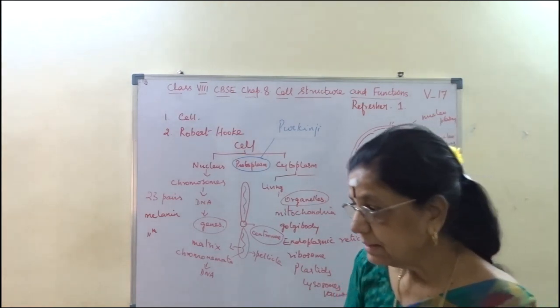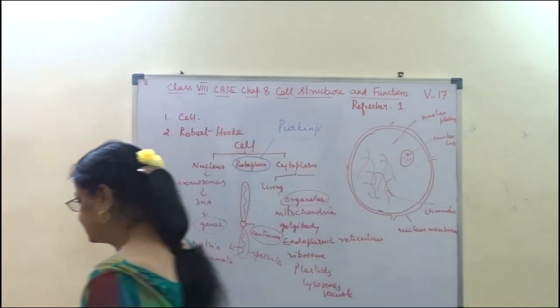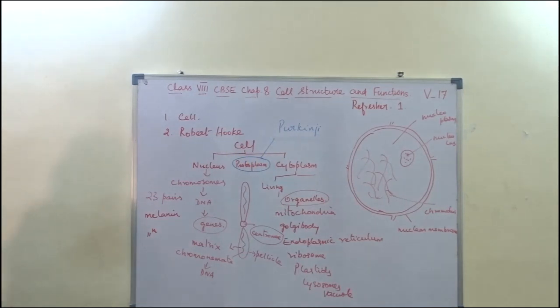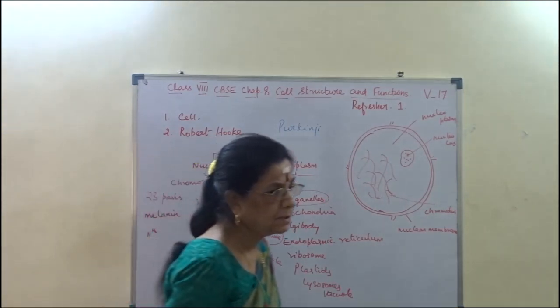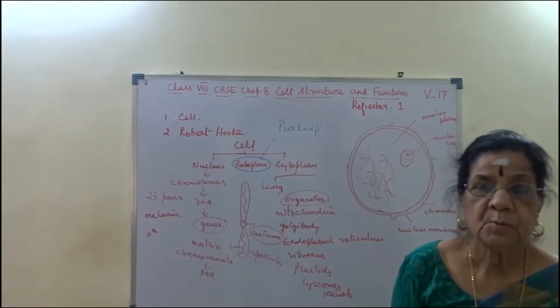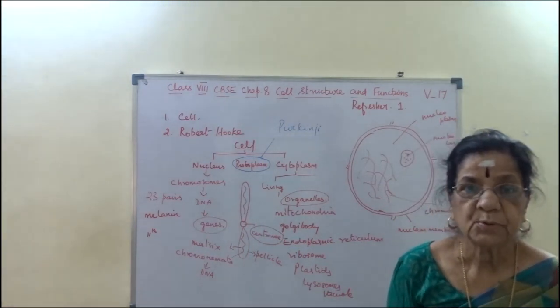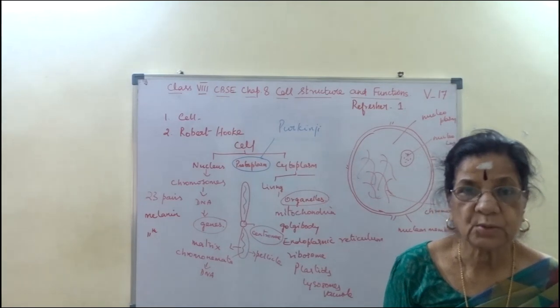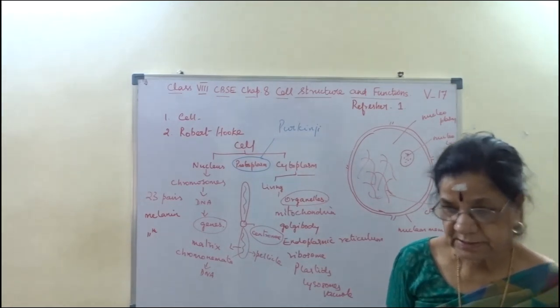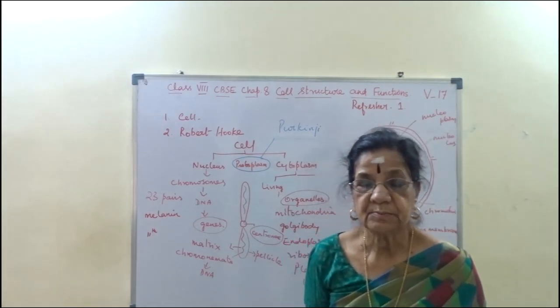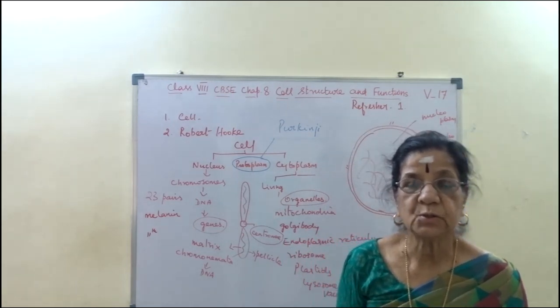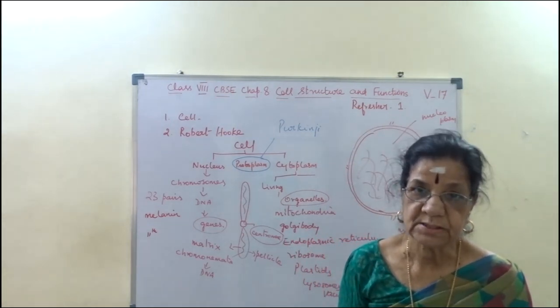So this is the structure of the nucleus, right? And for this nucleus, we again come across the prokaryotic nucleus and the eukaryotic nucleus. The prokaryotic nucleus will have only genetic material, and the nucleolus and nuclear membrane are absent.